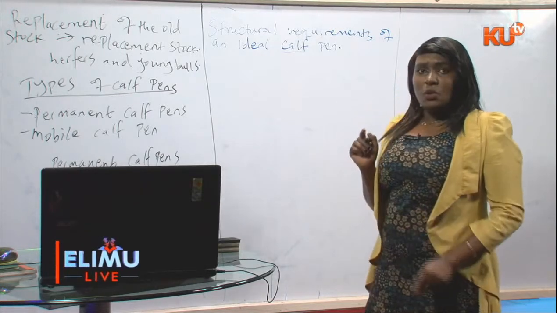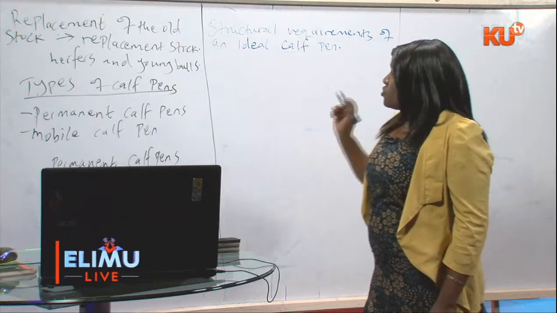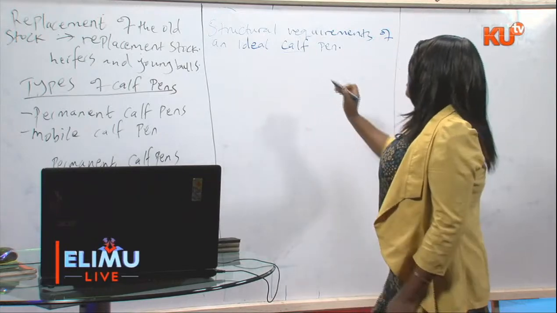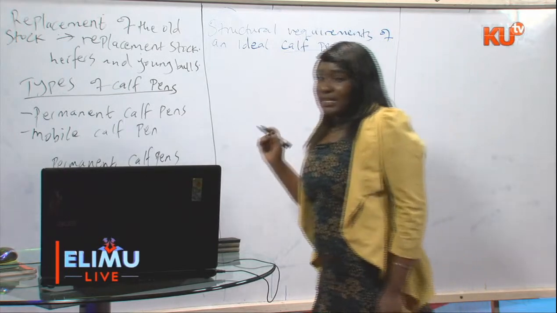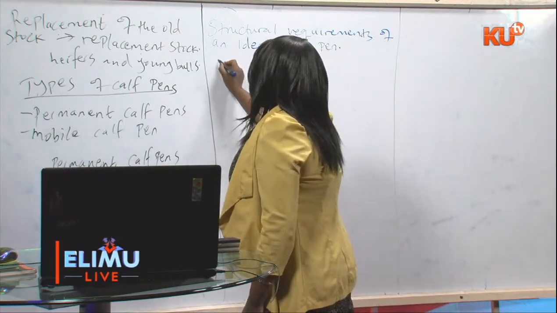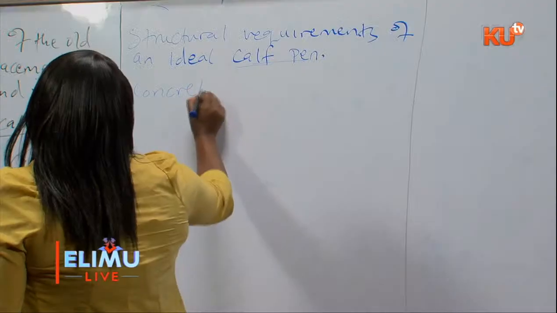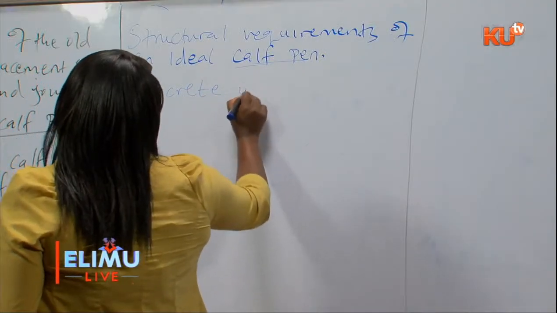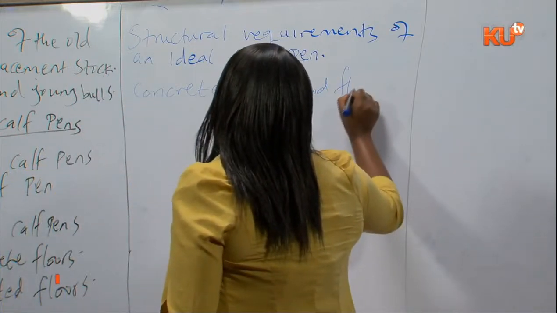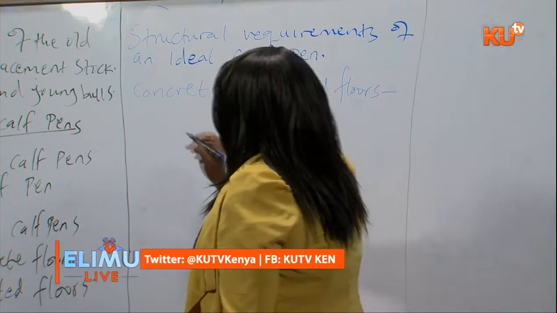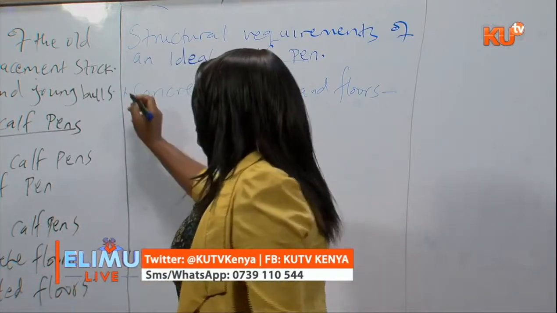The first thing that we look at is that when you're constructing your calf pen, ensure that this calf pen has concrete walls and floors. That is number one.